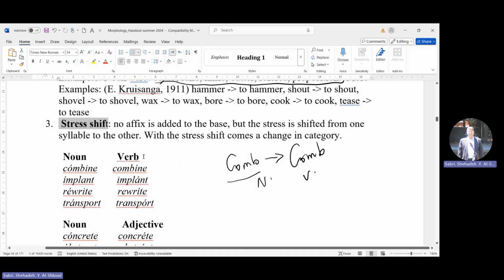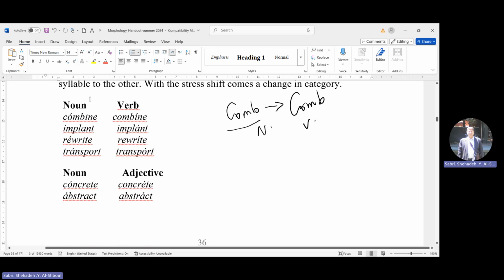So here in stress, dear students, we do not have any affix added either as a prefix or a suffix, but the stress pattern or stress location moves from one syllable into another, causing, of course, a change in the category. So here, a noun into a verb.